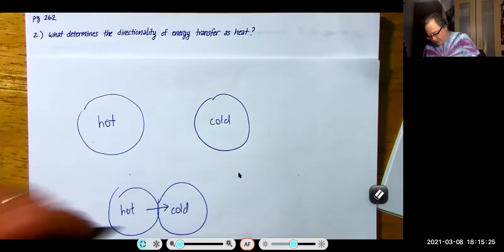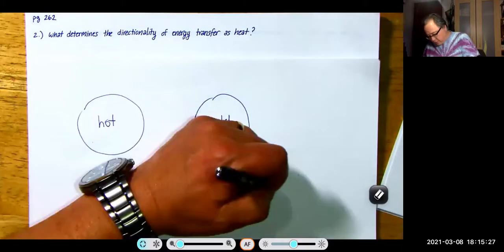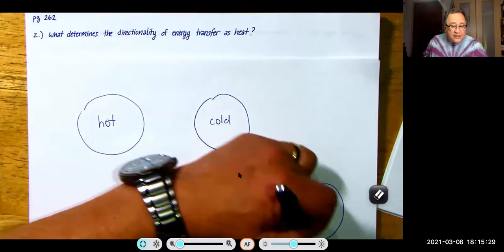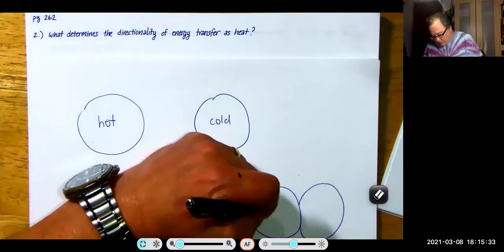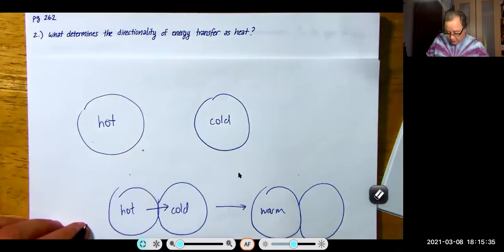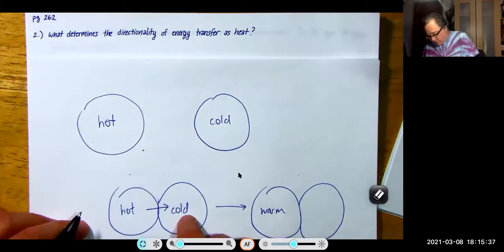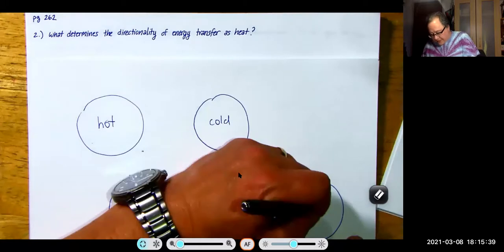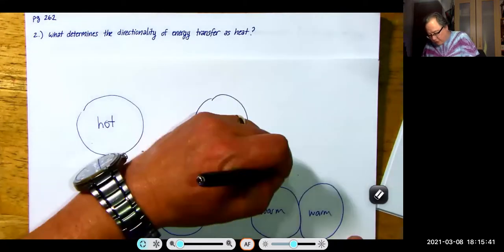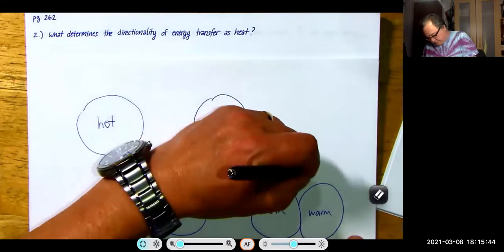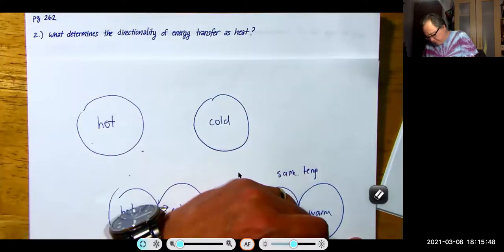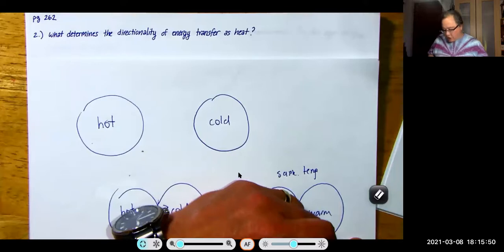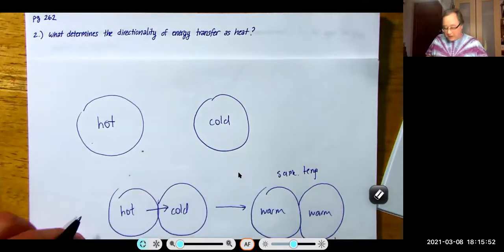Over time, the hot object, as heat flows away from it, will become warm, and the cold object, as heat flows into it, will become warm. When they reach the same temp, that's called thermal equilibrium. That's a term you definitely want to know, thermal equilibrium.